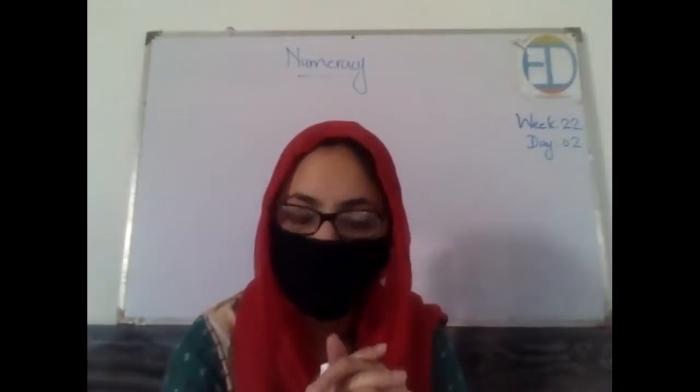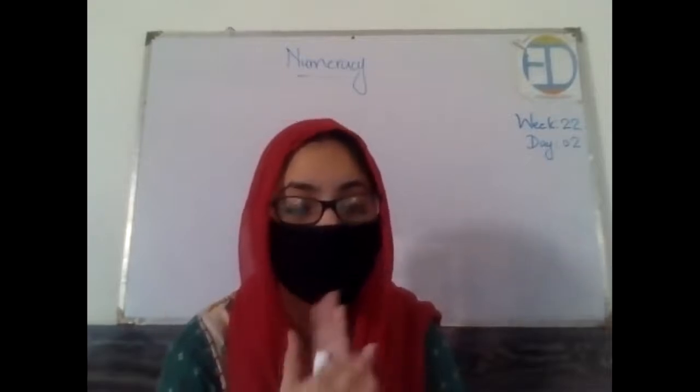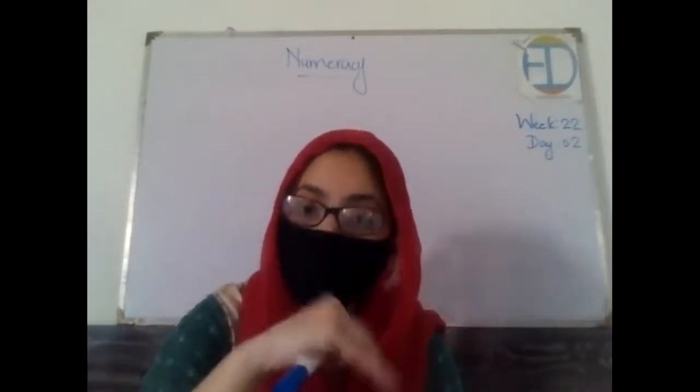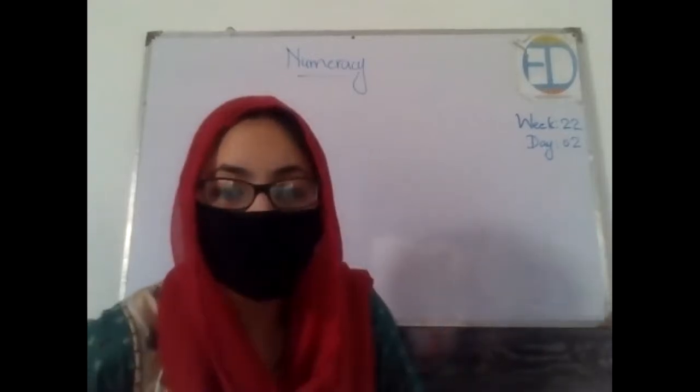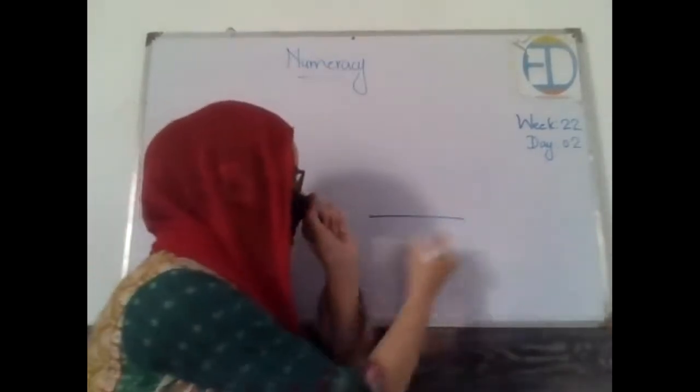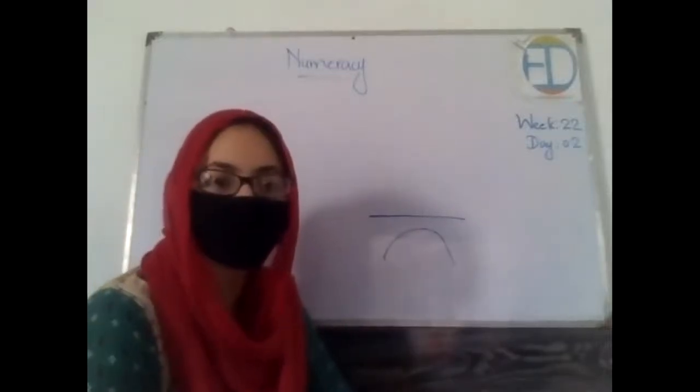Now in our last class, we discussed what is the difference between a line and a curve, right? So who is going to tell me that difference? What was the main point between the line and a curve? This is a line and this is a curve. So what is the main difference?